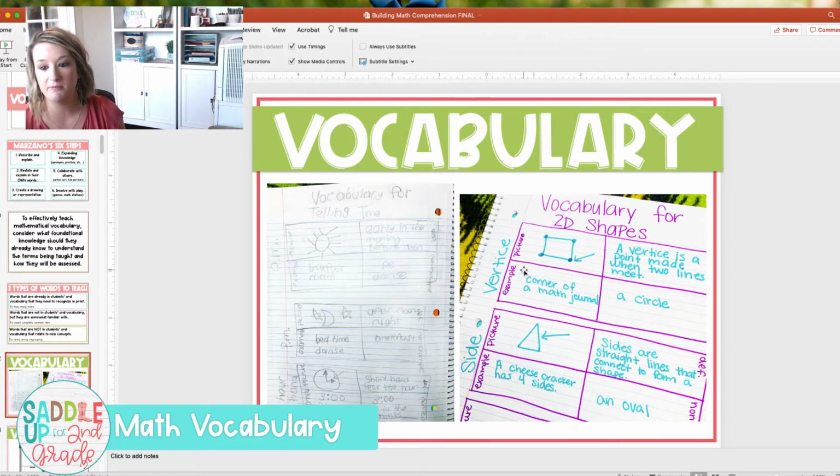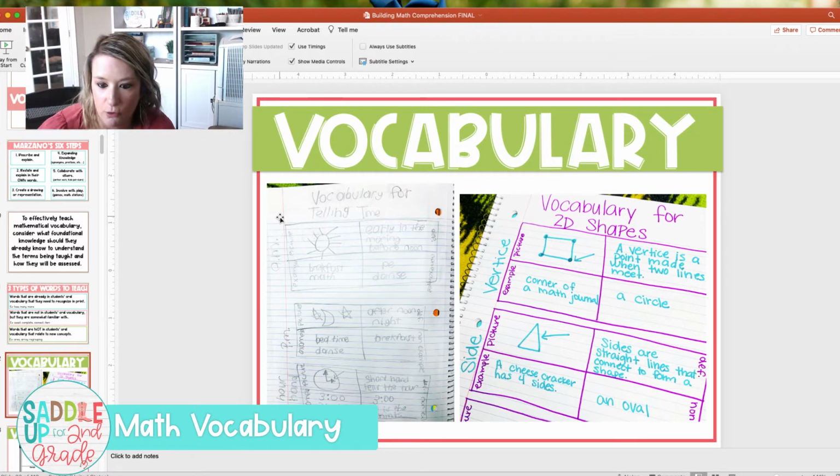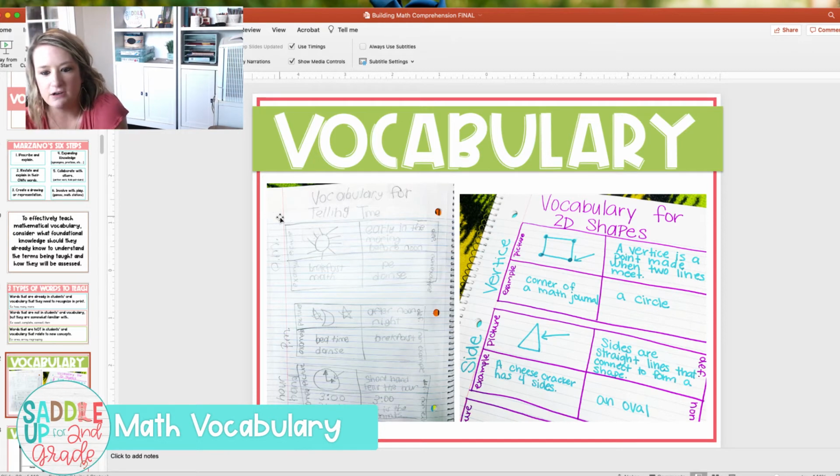So from the beginning of the year, I would actually teach my students how to draw, you can see here, a 4-square model, a 4-square graphic organizer. And what they would do is write the vocabulary term over to the side. So this was vocabulary for telling time.